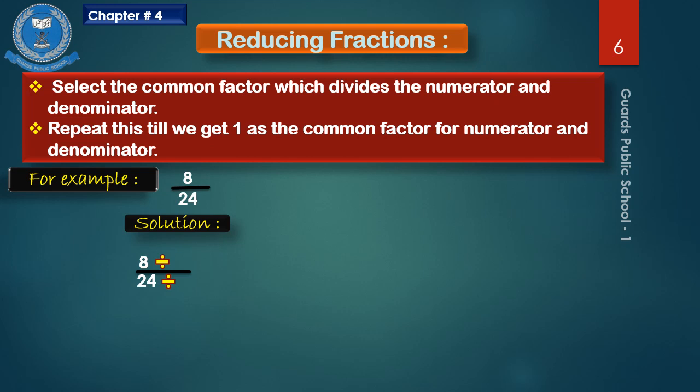Before writing the answer in the numerator, we will first check our denominator also. That is 24. Is 24 divisible by 2? Yes, 2 12s are 24. Factor means that it comes in the table of 2 or it is divisible by 2. So now we will write our reduced fraction, that is 4 upon 12.